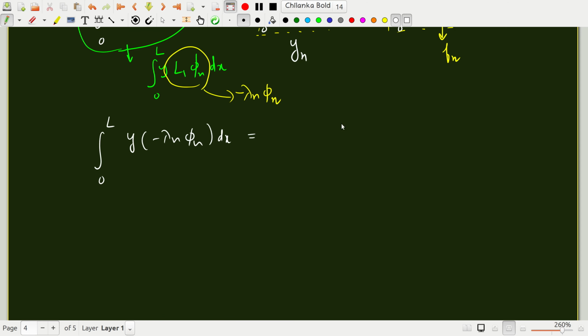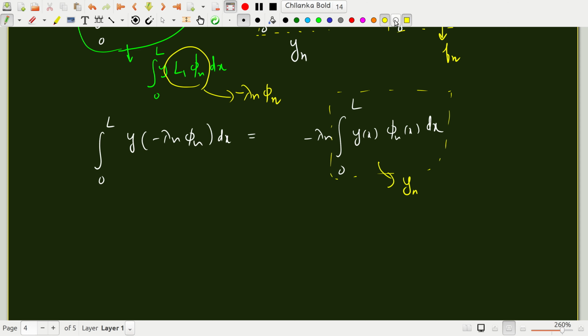This is nothing but integral 0 to L minus lambda n y of x phi n of x dx. But this quantity is nothing but, if you were to have y of x and wanted to expand it in this basis, the coefficients will be yn, because phi n are the eigenfunctions. Integral 0 to L is just yn.